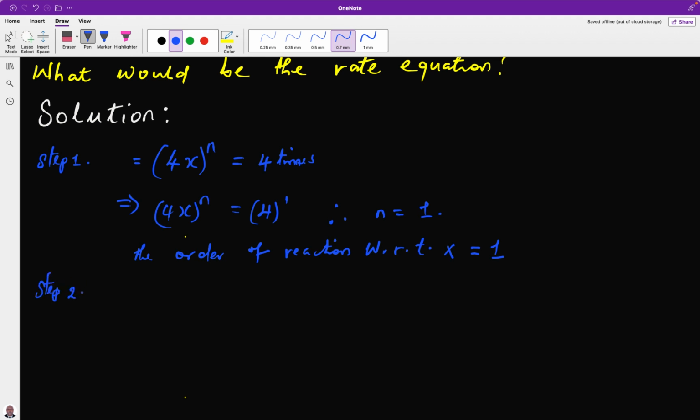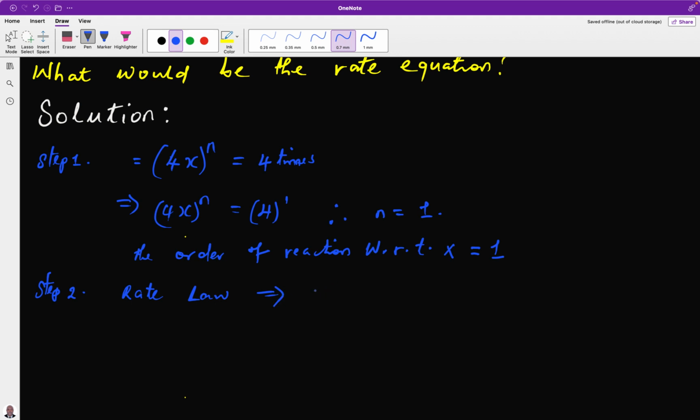Our rate equation from this would be that the rate law. The rate law will be what?